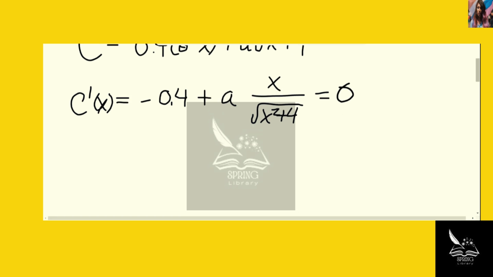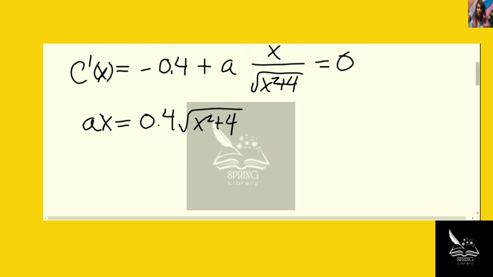So we have ax is equal to 0.4 times the square root of x squared plus 4. To solve this radical equation, we're going to square both sides. So I get a squared x squared equals 0.16 times x squared plus 4.